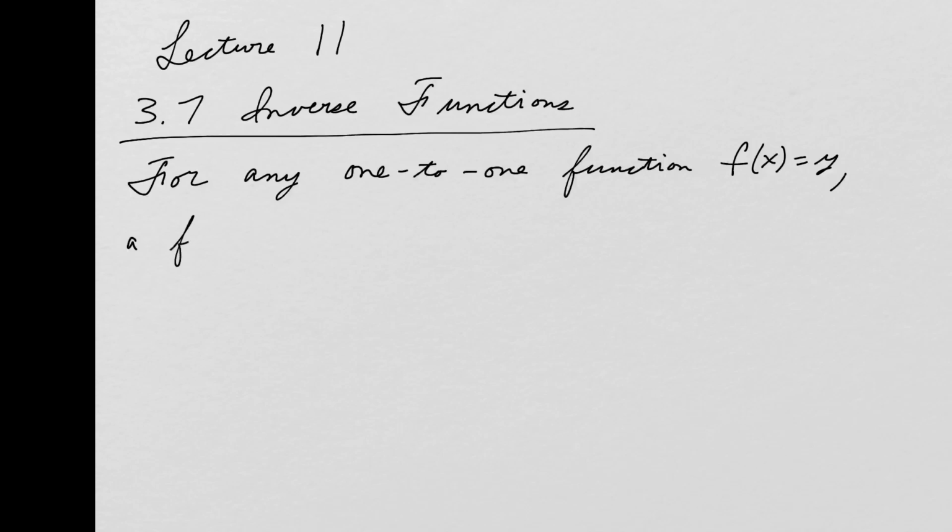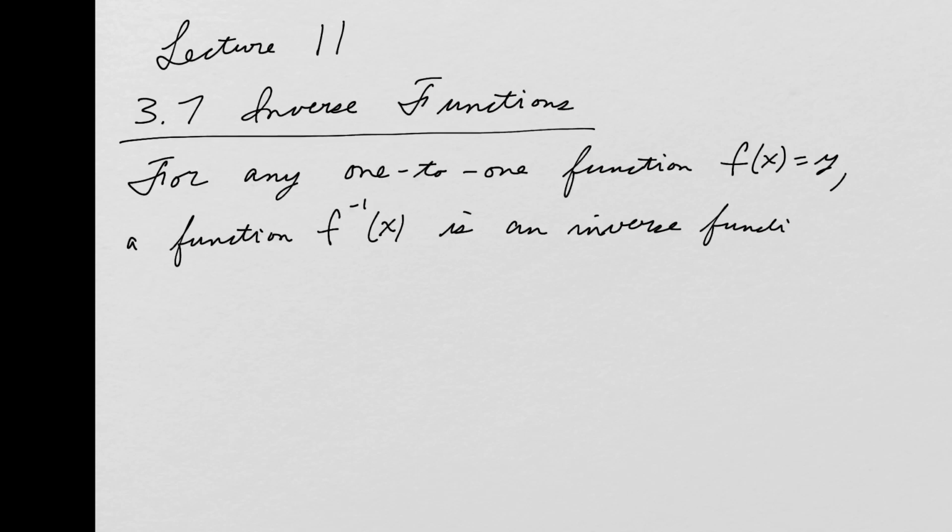A function f inverse, and the inverse is written as a -1, sort of as the exponent of x, is an inverse function of f if f inverse of y gives you back x.